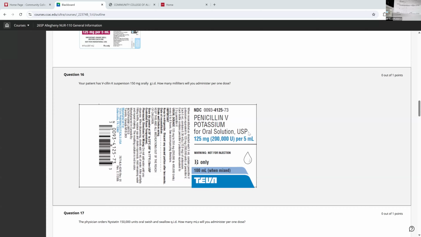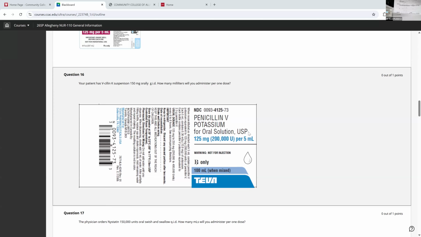I take for granted that I can read these labels because, as I think I told you last week, I used to be a pharmacy technician. I saw these labels every hourly shift I worked, and I got used to seeing them. So when I look at it, I'm not confused, and I know how to narrow my focus to what I'm looking for. I don't expect that of you as a nursing student who may have never seen these labels.